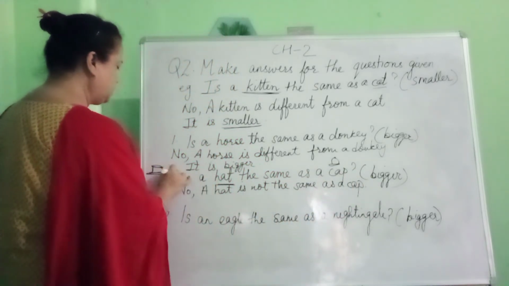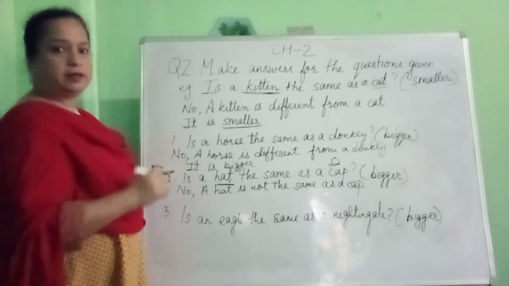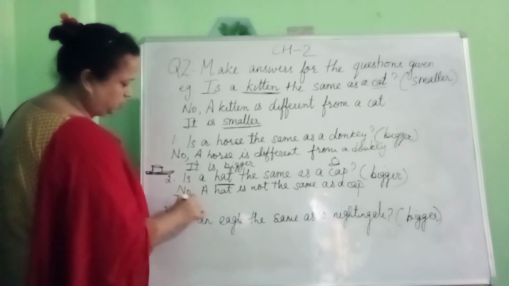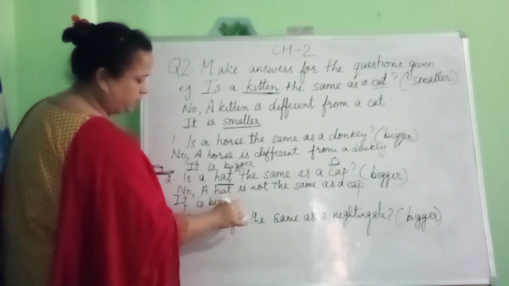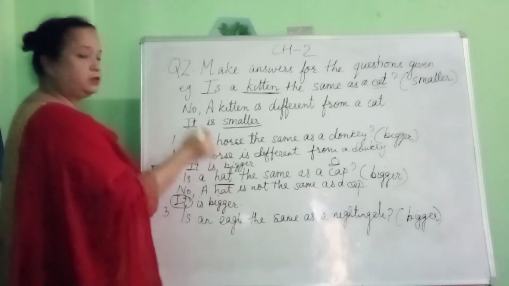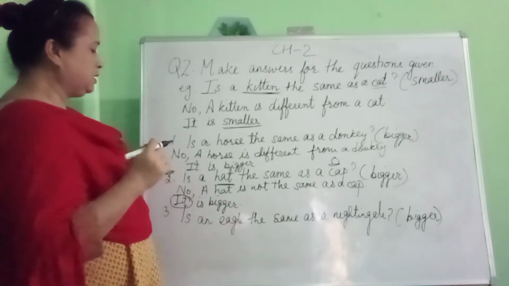Because it is broader. A hat is much broader than a cap. So it is bigger. Now what is bigger? Over here we have used the word it. So we are talking about a hat.